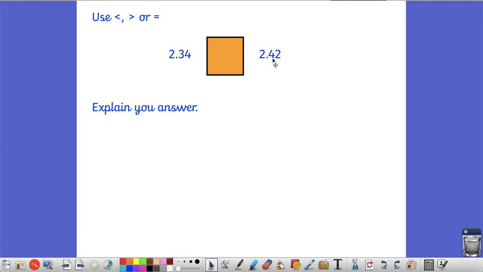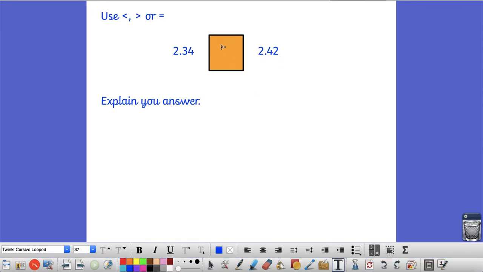Now, I can see that in my tenths column, I have got 2 different numbers, which means I can now compare these numbers together. On this one, I've got 3 tenths. In this number, I've got 4 tenths. Now, I know that 3 tenths is less than 4 tenths. So we can now put our symbol in, which means that 2.34 is less than 2.42.